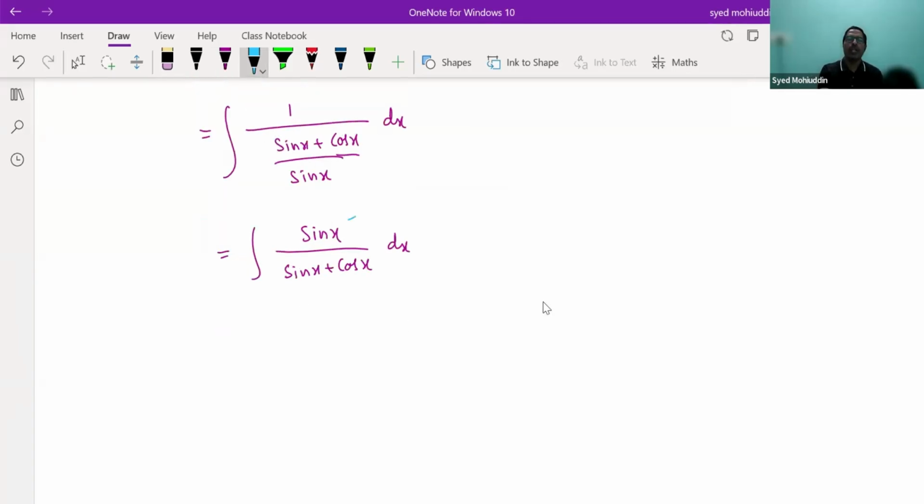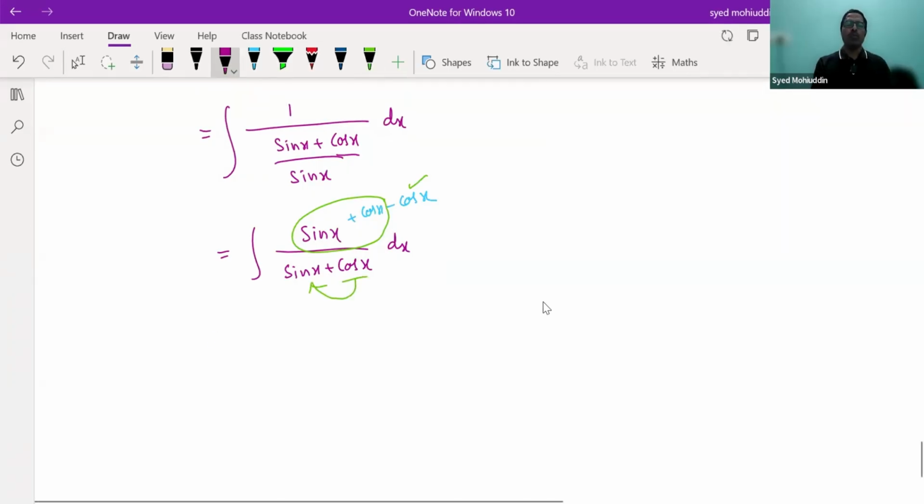Add cos x, subtract cos x. This is one possibility. But even if I add cos x and sin x, I can group these two values, sin x plus cos x. But again, this cos x will be left independent, and along with cos x, sin x should be there. I need to multiply and divide by 2.